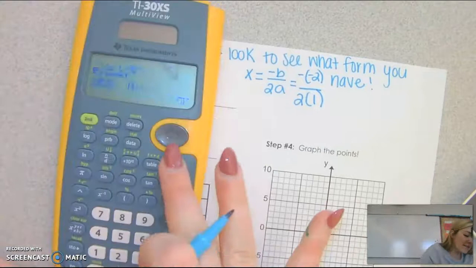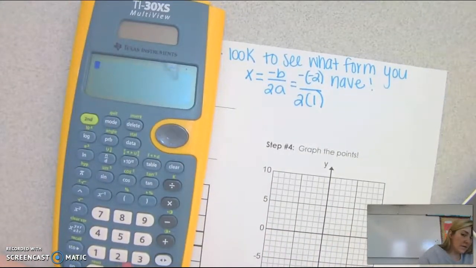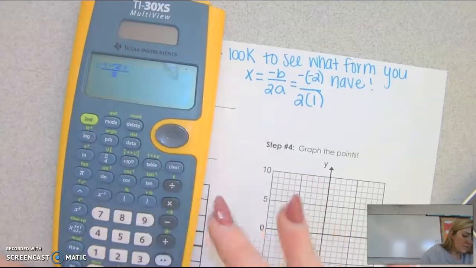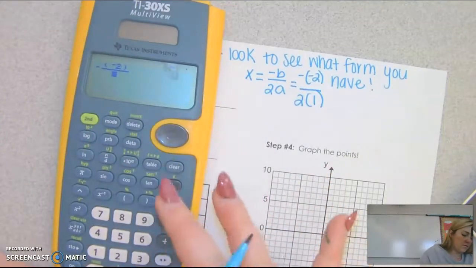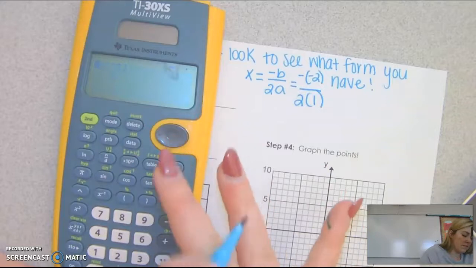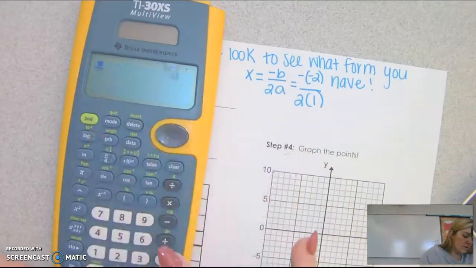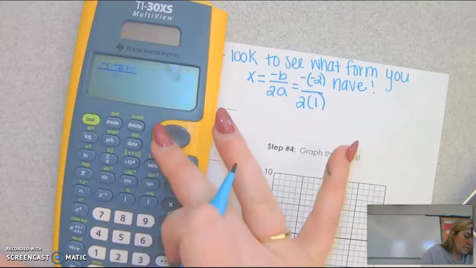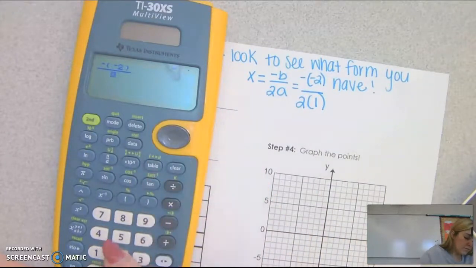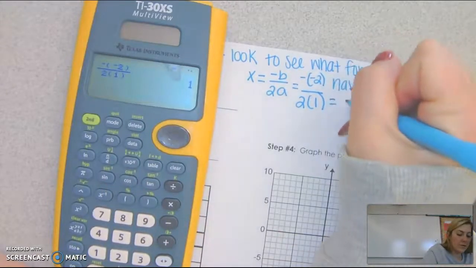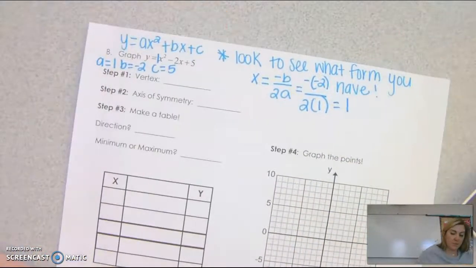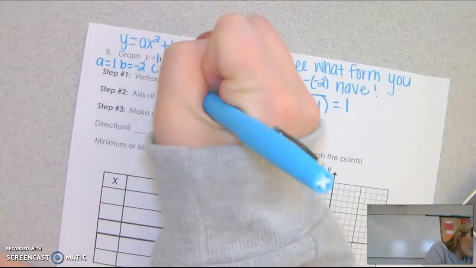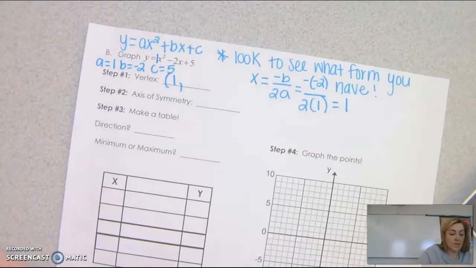So now I'm just going to plug that into the calculator. So I have a -2. Let's press negative b first. So -2 over 2 times 1. I get 1. So my x value of my vertex is 1.